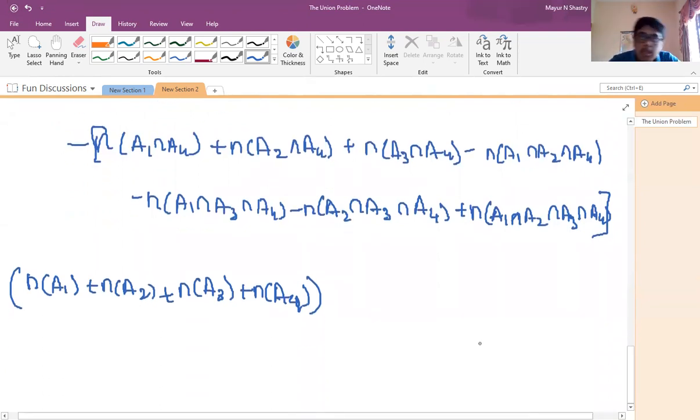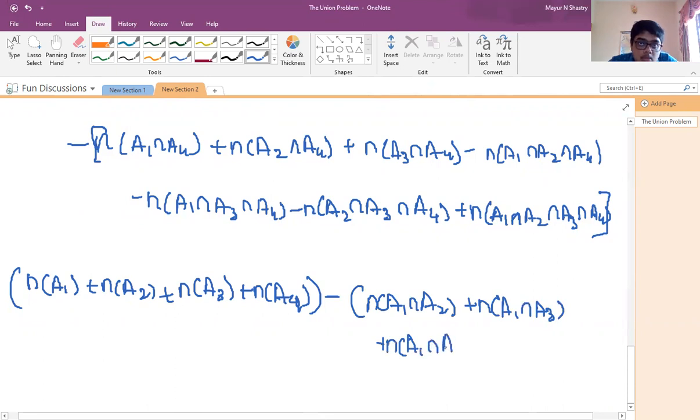So what do we have? We have this minus n of A1 intersection A2 plus n of A1 intersection A3 plus n of A1 intersection A4 plus n of A2 intersection A3 plus n of A2 intersection A4 plus n of A3 intersection A4.